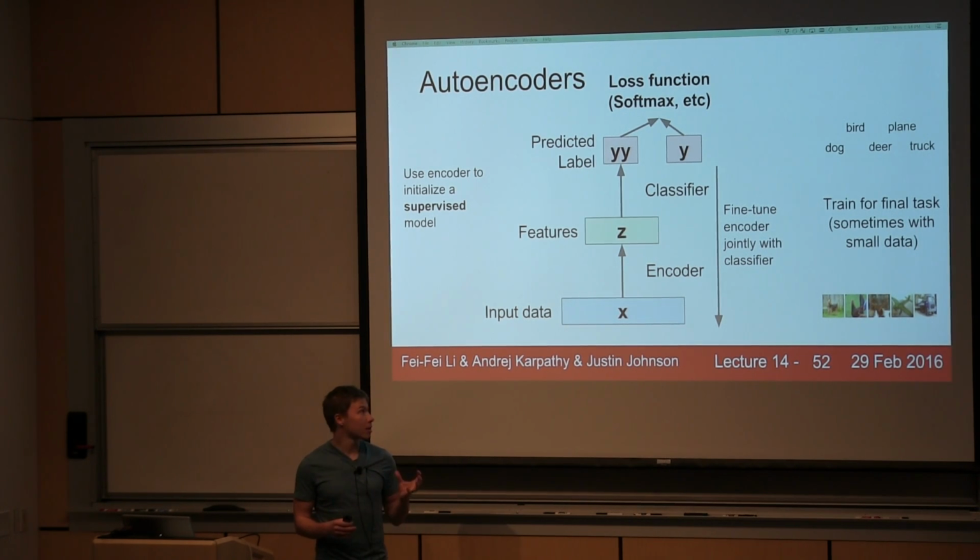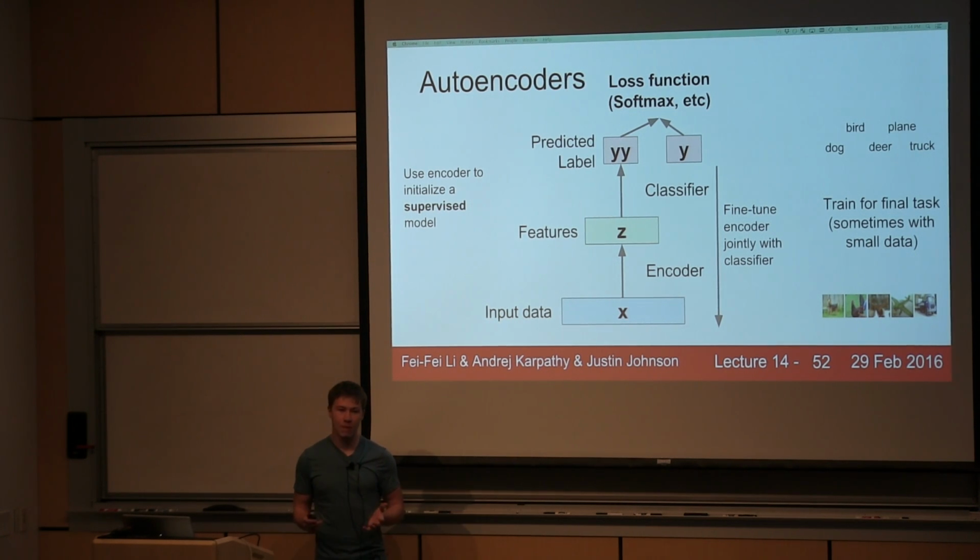And then we're going to use this encoder network to initialize part of a larger supervised network. And now if we actually do have access to maybe some smaller data set that has some labels, then hopefully most of the work here could have been done by this unsupervised training at the beginning, and then we can just use that to initialize this bigger network and then fine-tune the whole thing with hopefully a very small amount of supervised data.